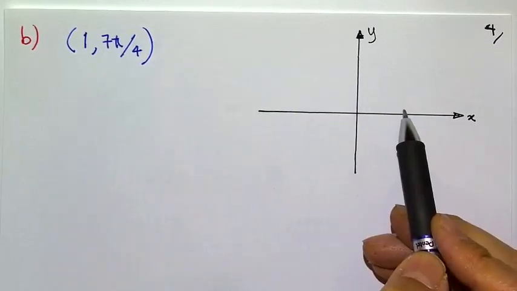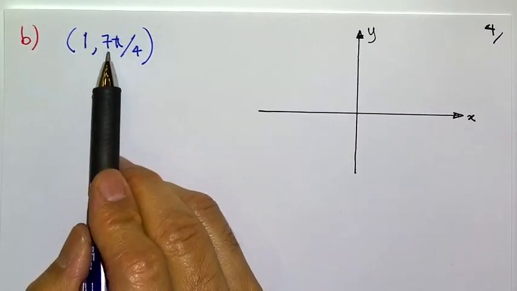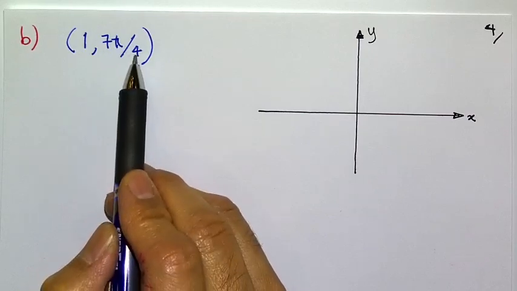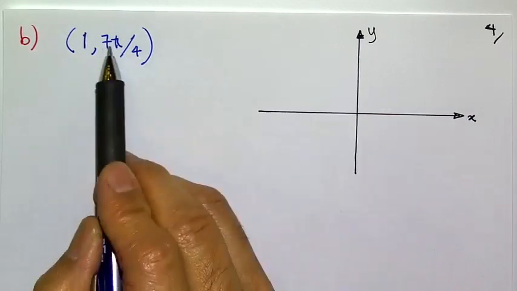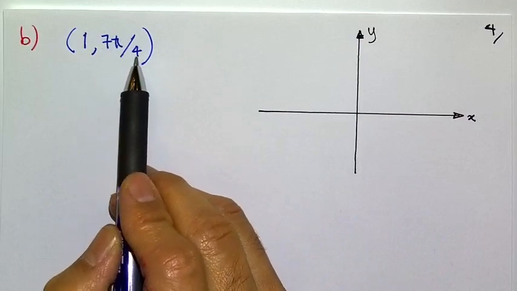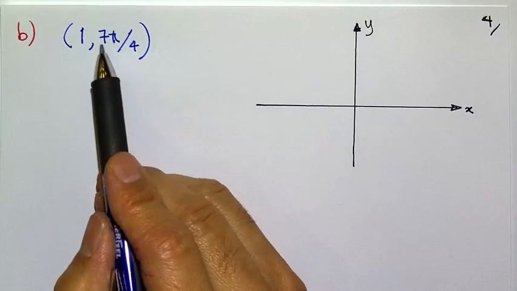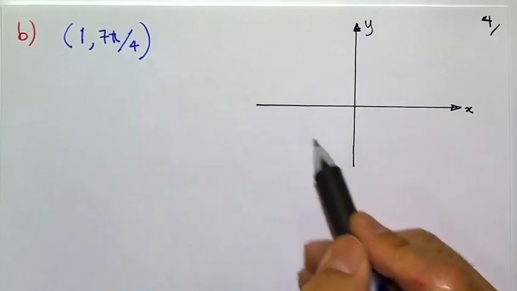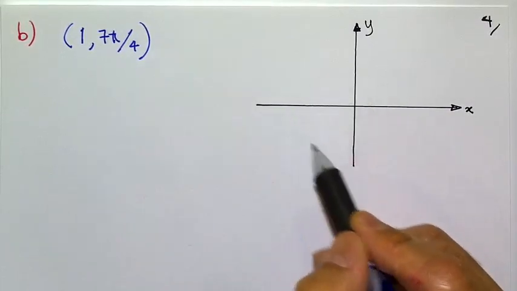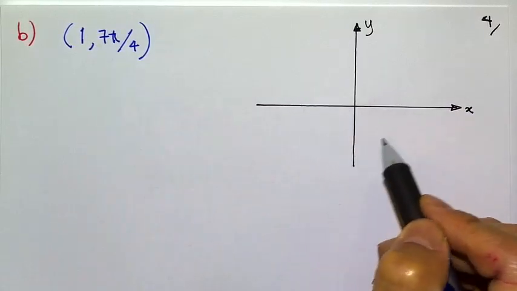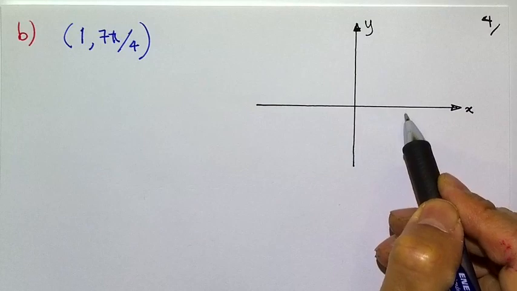Which quadrant? So notice that if this was 8 pi over 4, where would we be? 8 pi over 4 would be 2 pi, right? After simplifying, 8 pi over 4 would be 360 degrees, 2 pi. We would go, and because this is positive, we would go counterclockwise 2 pi. We would be back on the x-axis.